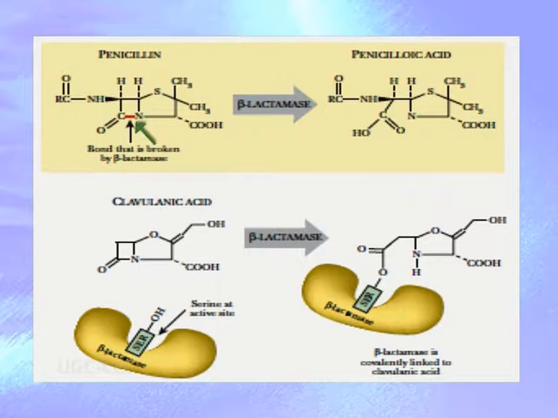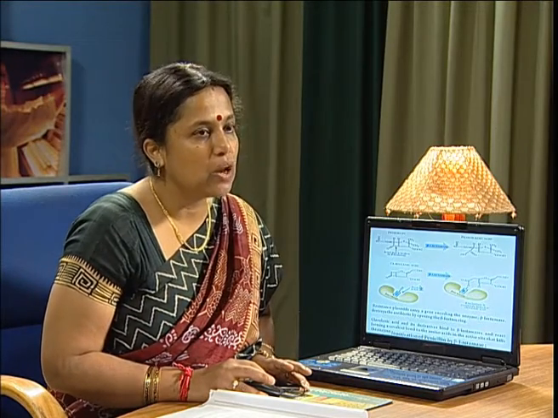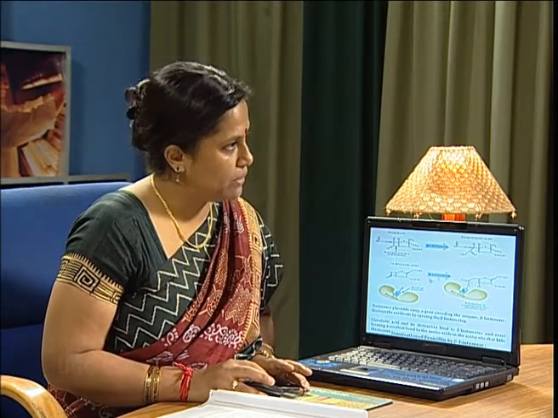We will see that plasmids contain a gene that codes for an enzyme called beta-lactamase. What it does is break the beta-lactam ring, and as the ring is broken, the antibiotic cannot exert its inhibitory action. There are ways to overrule this resistance: nowadays we administer clavulanic acid along with beta-lactam antibiotics.